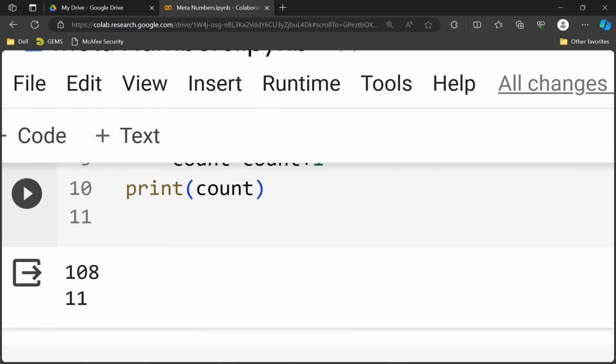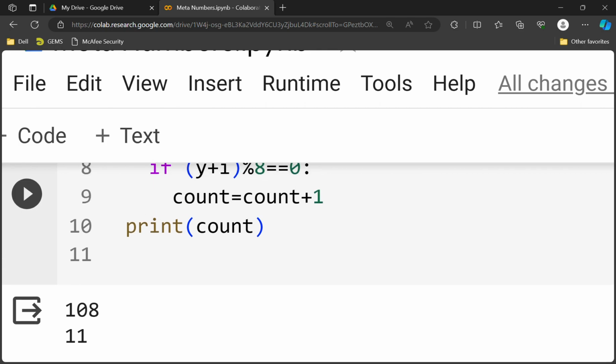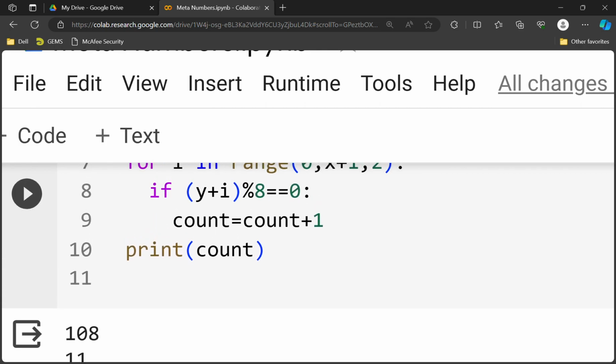Up to, for example, say up to 100, there will be 10 numbers that are divisible by 8. So is 108 divisible by 8? Yes. 8 ones are 8. Is 108 divisible by 8? I don't think so.